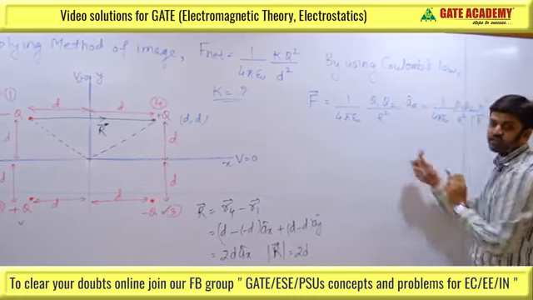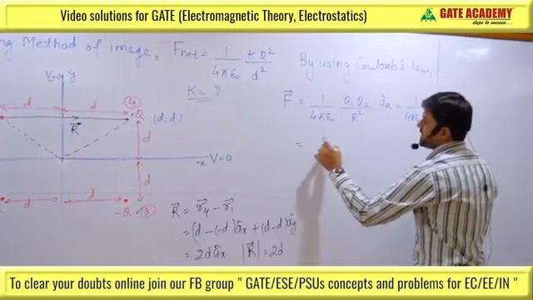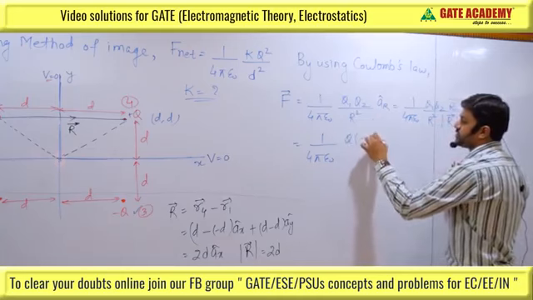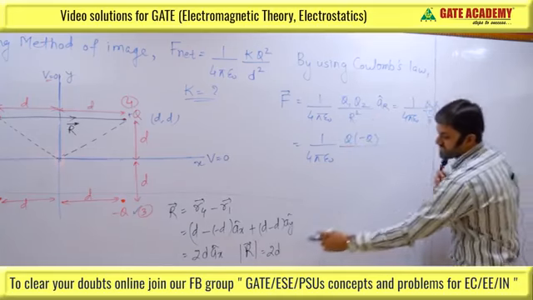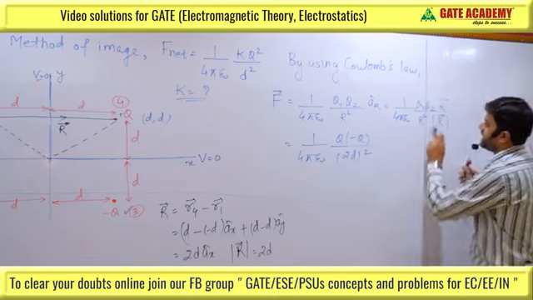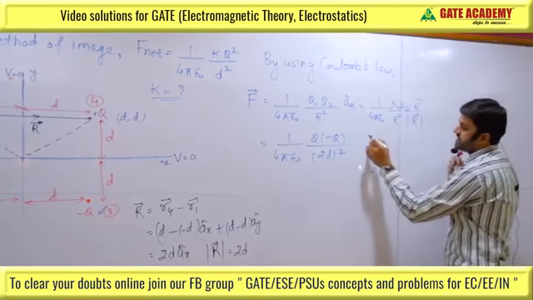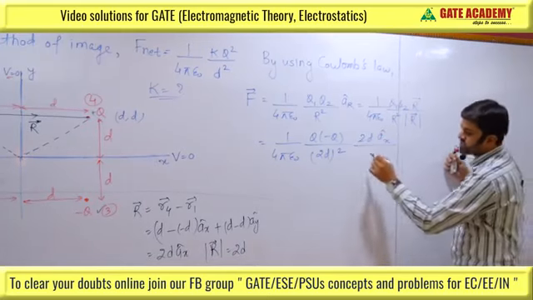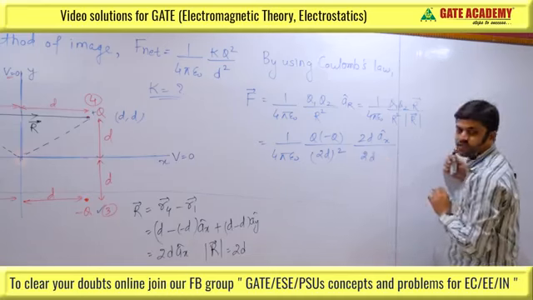Now using this equation, we will get 1 upon 4 pi epsilon naught q1 q2, that is q into minus q. The distance is 2d and its square, so this is 2d whole square, and vector r, that is 2d ax cap, and its magnitude is again 2d.